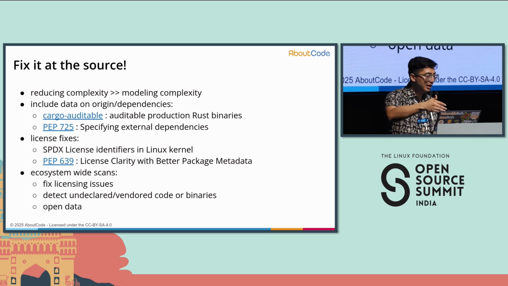Like for example, the Rust Foundation: you can do a cargo build and build a Rust binary from Rust code. They have introduced a new thing called cargo auditable build, which includes the dependencies metadata in your binary. So this is being fixed at the source. If it is fixed at the source by foundations and ecosystems, then it becomes a lot easier for us, because you don't have to build tools to over-engineer things around problems that we have.